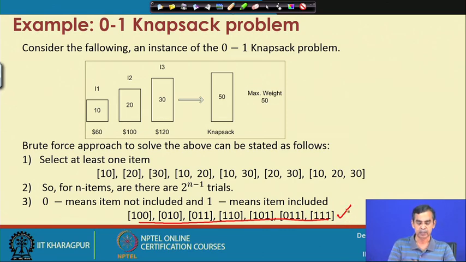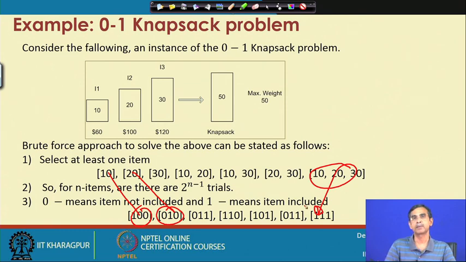These are the different chromosomes representing the different solutions. This is one solution, this is another solution, and similarly this is another. So, different solutions can be encoded, and this is the encoding scheme for the knapsack problem.